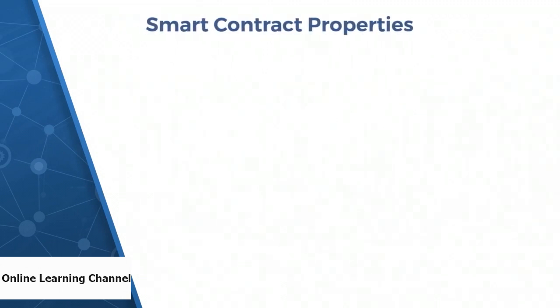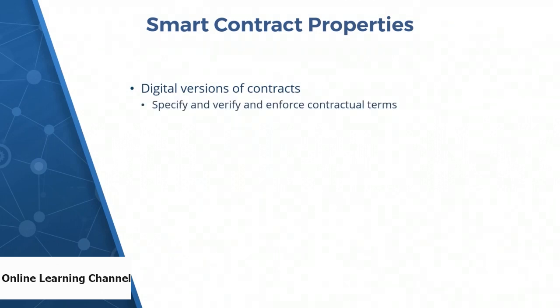Moving along now to the next task in the exercise, where you needed to list down some of the properties of smart contracts. Smart contracts are in effect digital versions of regular contracts. Within these, you can specify, verify, and even enforce contractual terms.